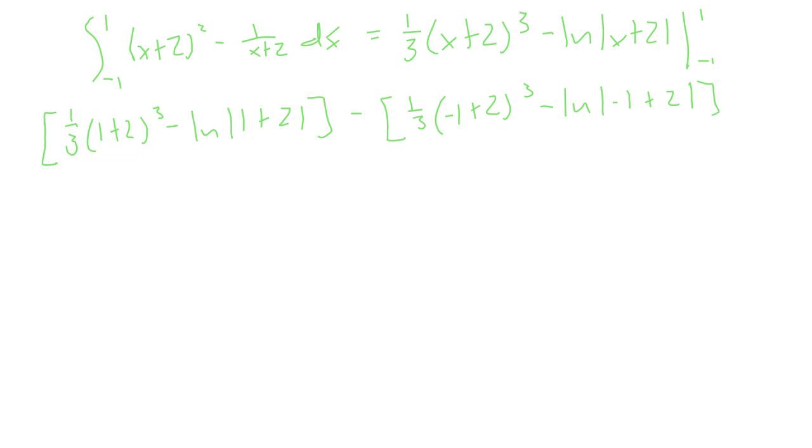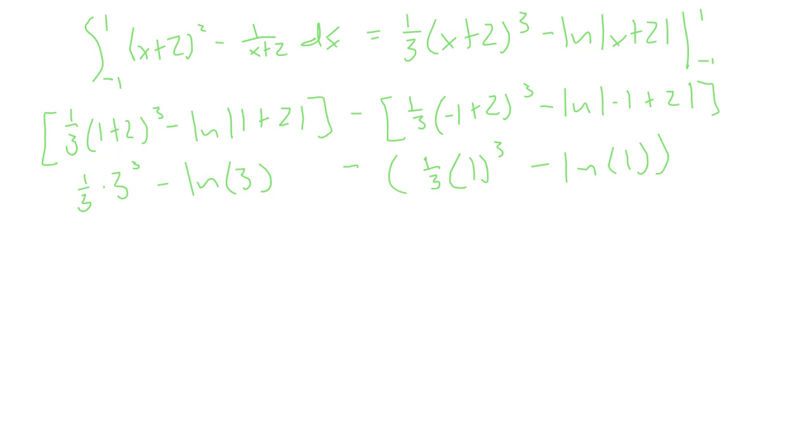If we play with this, we're going to get 1/3 times 3 cubed minus the natural log of 3, minus 1/3 times 1 cubed minus the natural log of 1.